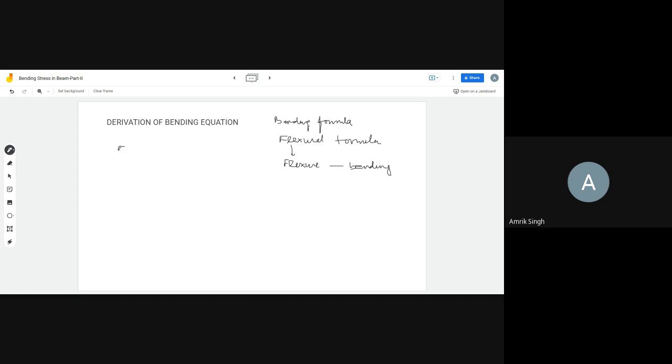So this equation says that sigma B upon Y is equal to M upon I is equal to E upon R. This equation is known as the flexural formula or the bending equation, where sigma B is equal to the bending stress which is set up in the beam because of the load.